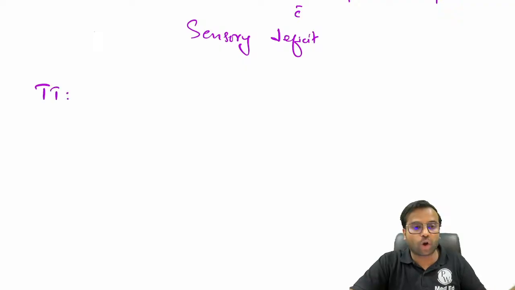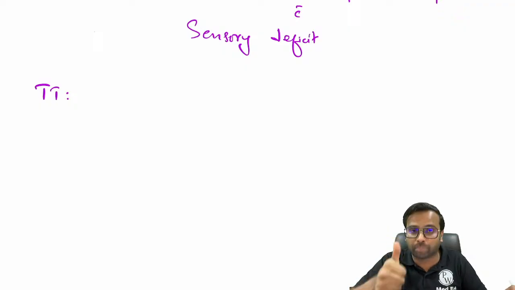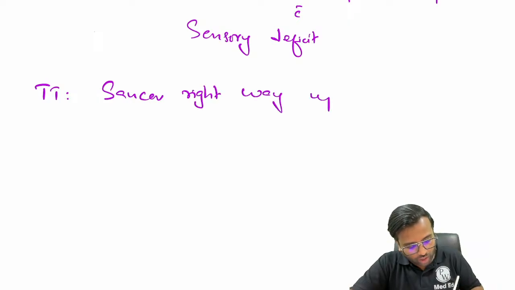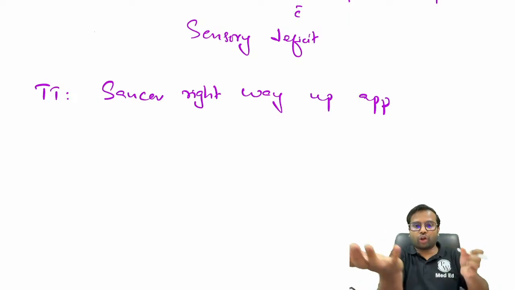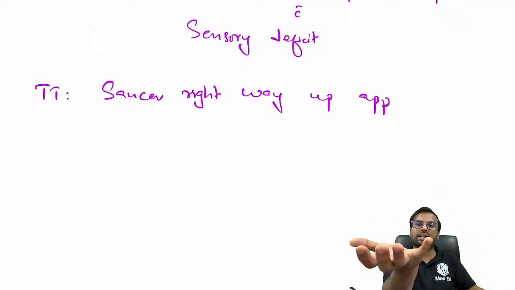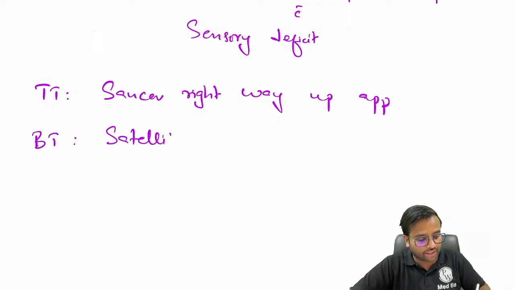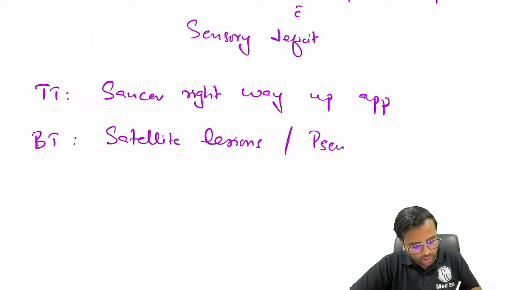And here, when we talk about TT type of leprosy, always remember the patient will present to you with a hypopigmented patch with a saucer right way up appearance. So all of you know the cup and saucer, the saucer right way up appearance can be seen. Whereas in borderline tuberculoid type of leprosy, you can see satellite lesions and pseudopodia.